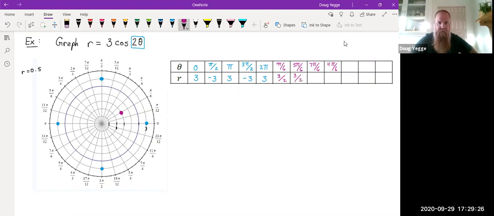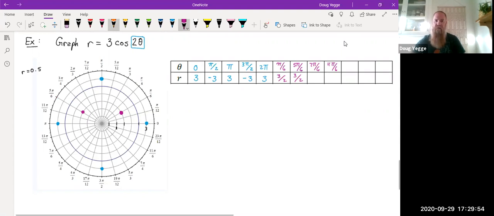Okay, so at the angle of 5 pi over 6, 5 pi over 6 is going to be over here. So 5 pi over 6 takes me out 3/2. So at that angle, I get, oh, it's the wrong circle. I get to here, 1.5. It should be on the same circle as this one right here. There we go.